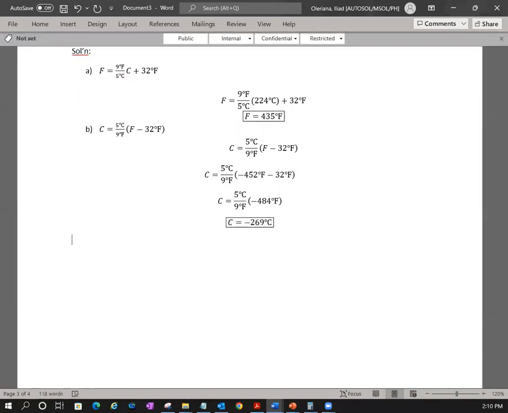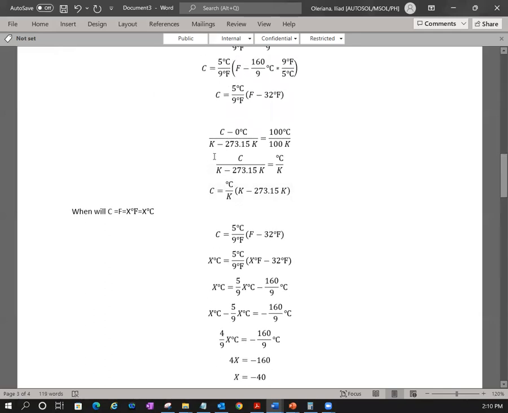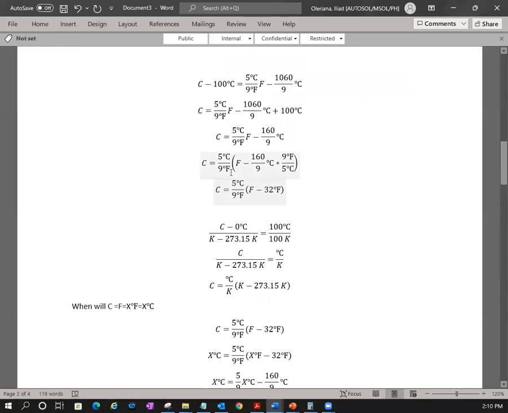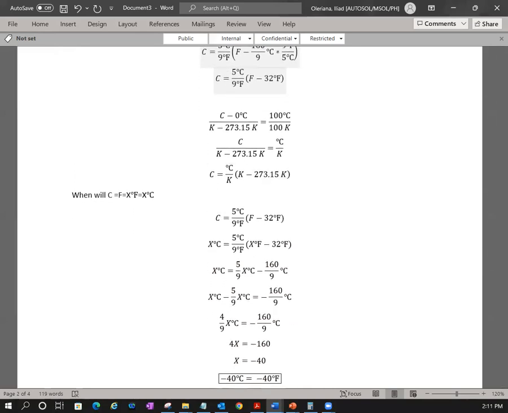Then the next one. Next one is an easy one. The letter C. Okay. So, kukopyahin lang natin yung dito sa Kelvin to Celsius. Where is the Kelvin to Celsius?